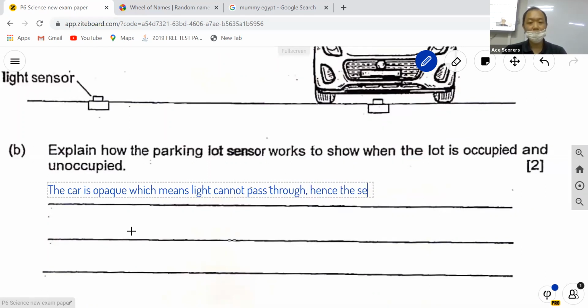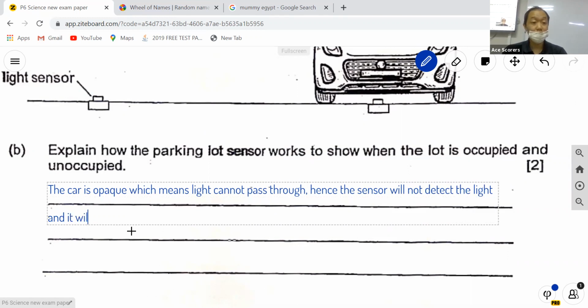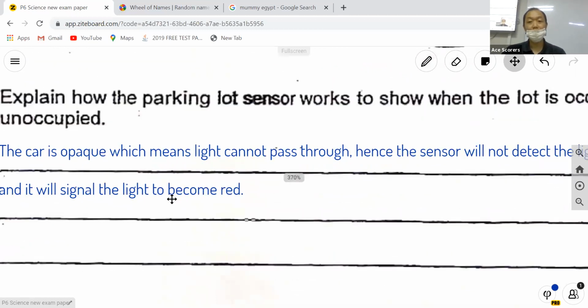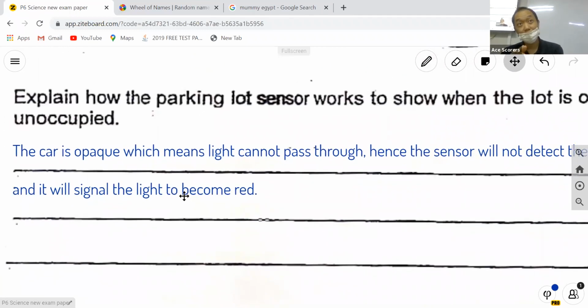Hence the sensor will not detect the light, and it will signal the light to become red. Basically, it just doesn't allow light to pass through, so the sensor cannot detect. Therefore, it becomes red.